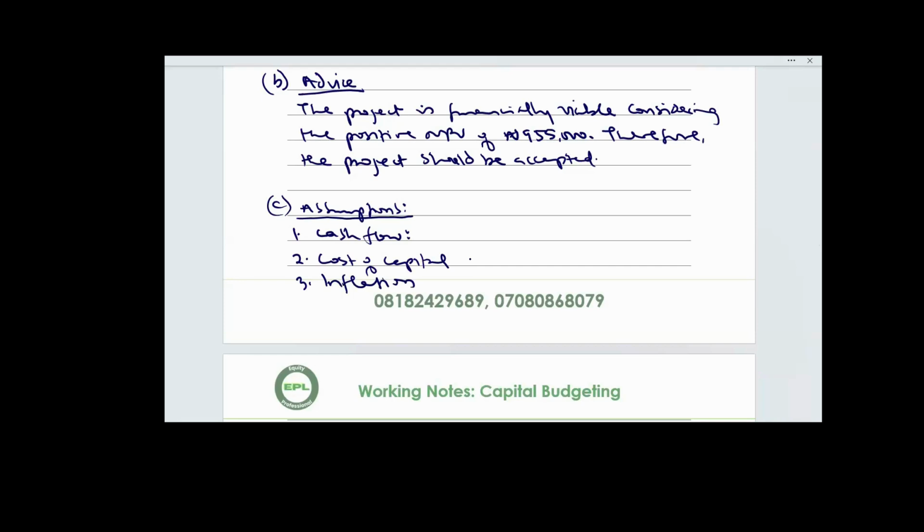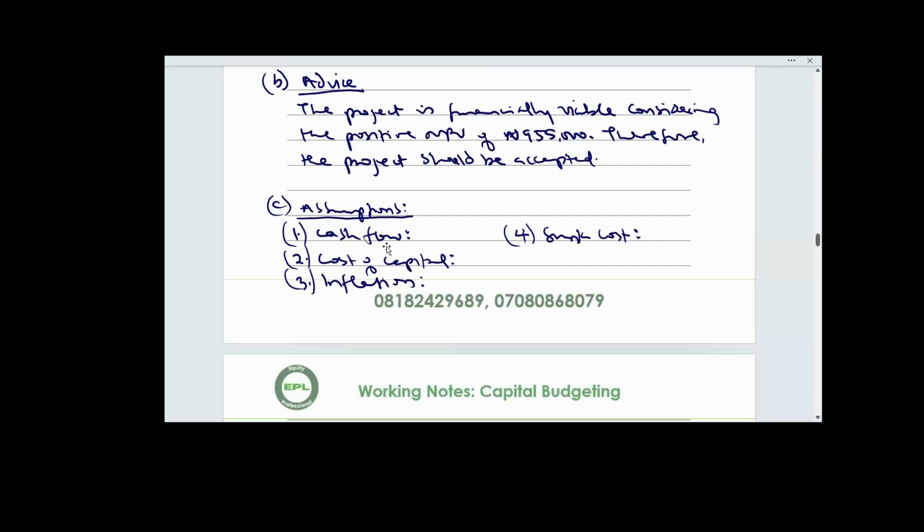Then number 4, you can also talk about, of course, sunk costs. What do you mean by sunk costs? Okay, we talk about them. Any other assumption that you have made in the question, you need to talk about it.